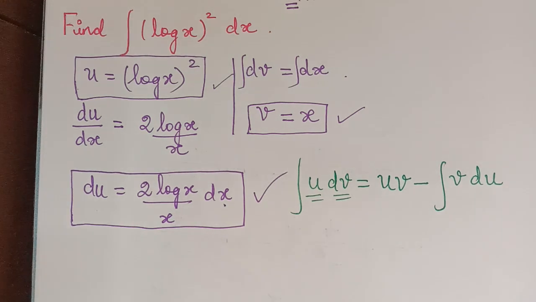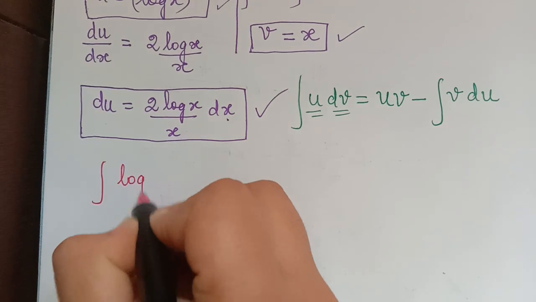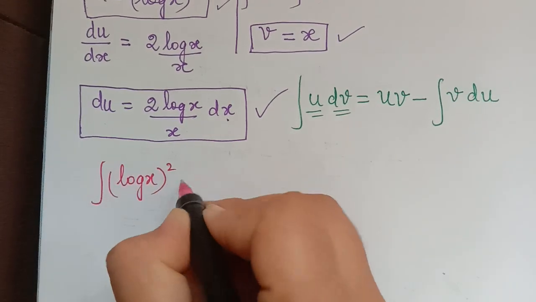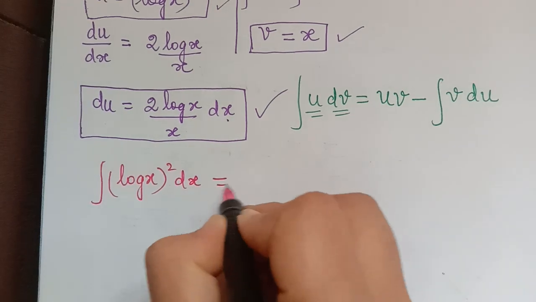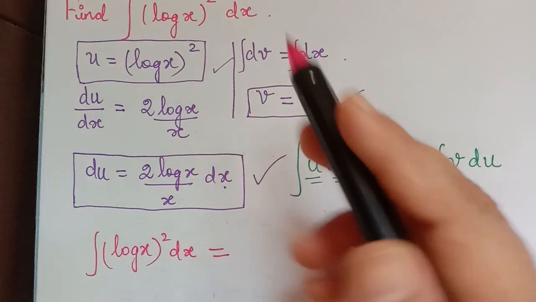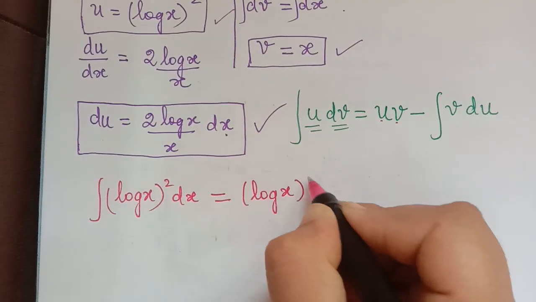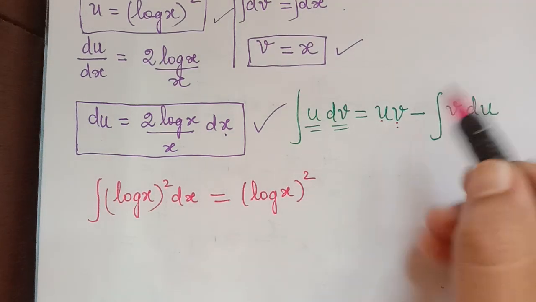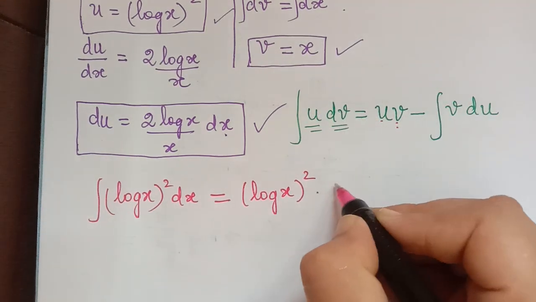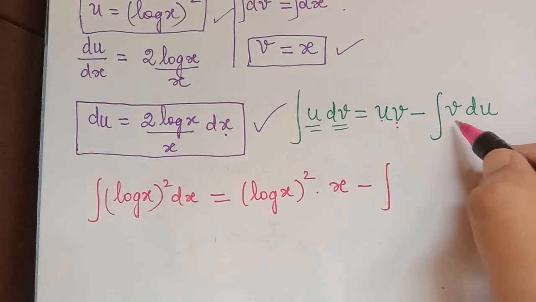Integral u dv is the question, so let us write that, which is integral (log x) the whole squared dx, and that is equal to uv. What is u? u is (log x) the whole squared, multiplied with v. v is x.